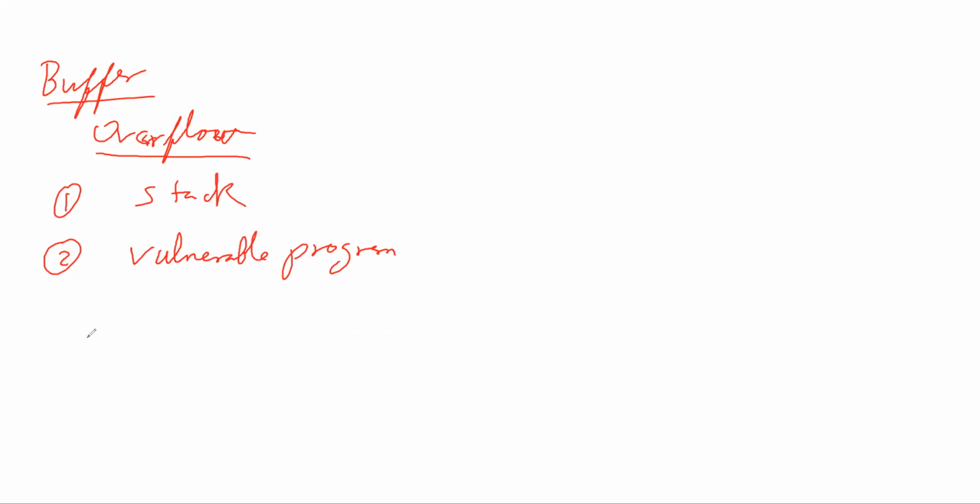So we have a source and a target. The source is much bigger than the target. Therefore, we use a function, string copy, which is not a function that provides bounds checks. And so you end up overwriting spaces in the stack. And because the stack can have a fixed structure, we could end up actually overwriting the return address, and that creates a big problem.